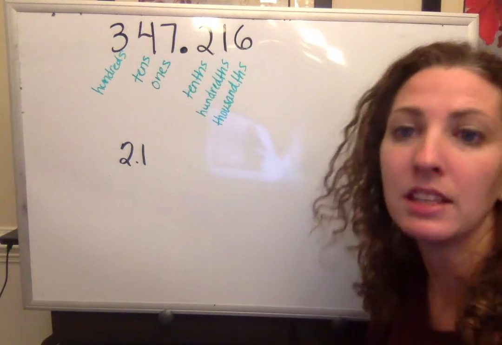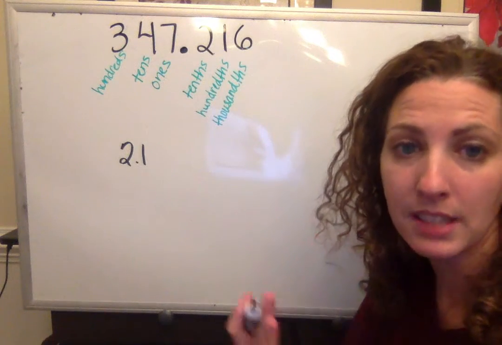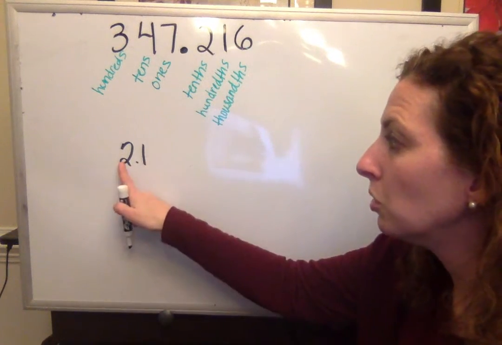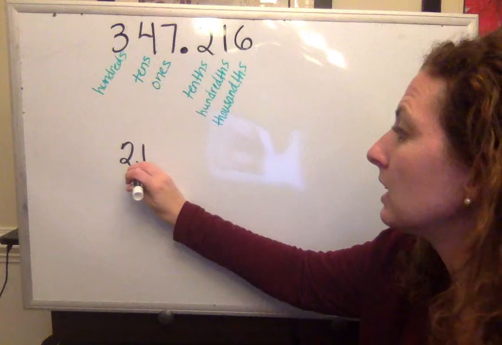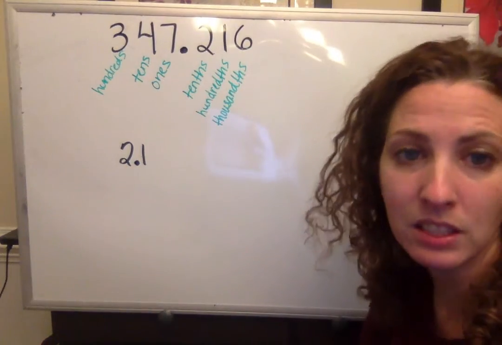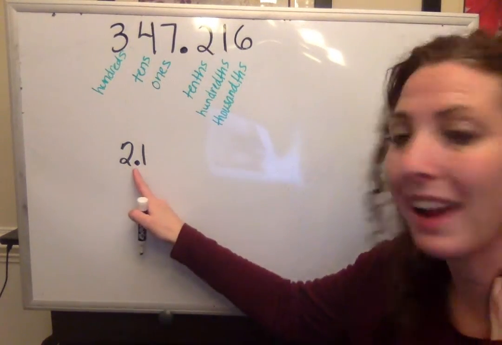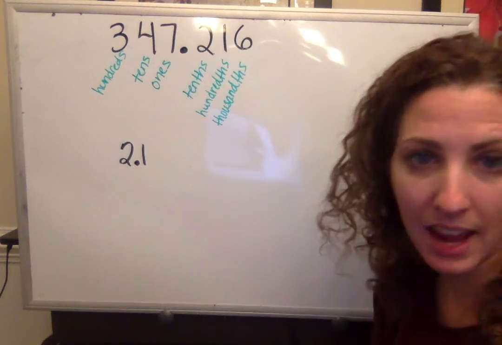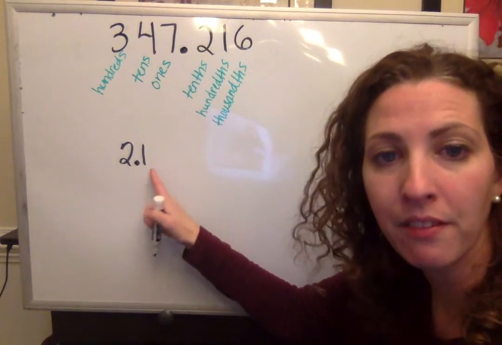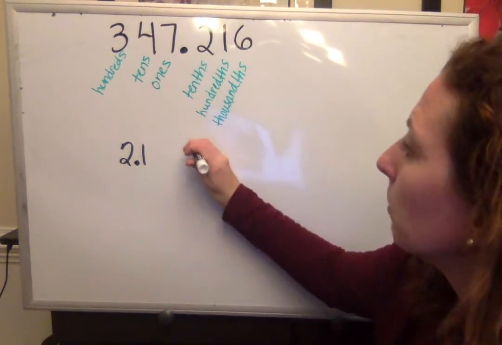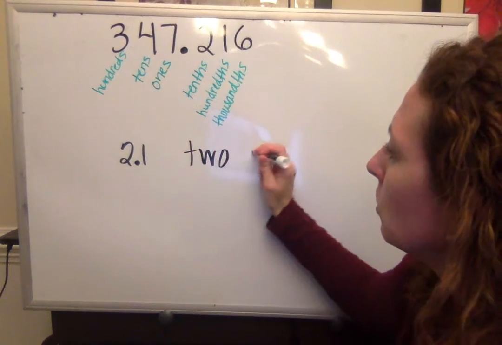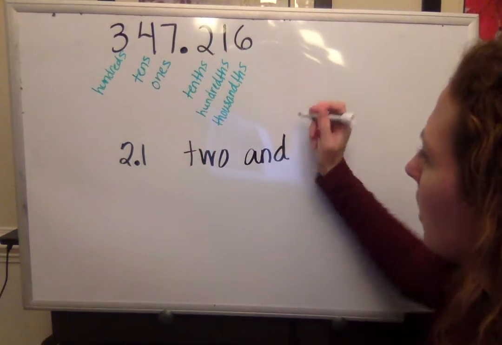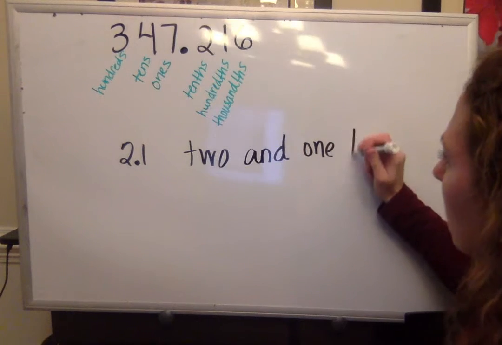So if I was to write this out in words or say it, I would say 2 and, because remember that decimal point, we say and for that. So it would be 2 and 1/10, because that's all I have there is 1/10. So I would write it like this: 2 and 1/10.